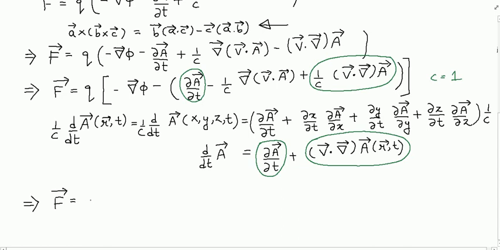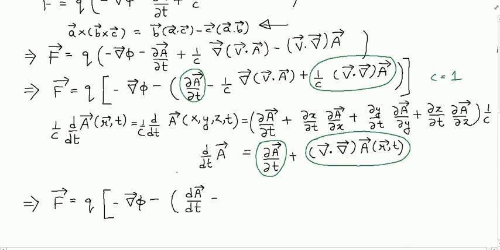So this equals q, now minus gradient of phi. This is what I got, minus in the bracket, now in the bracket I'm going to have dA, the total derivative of A with respect to time, and then minus... okay, as I said there will be c, let's do one thing.